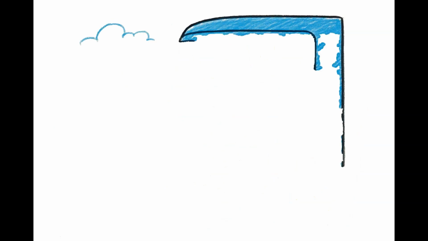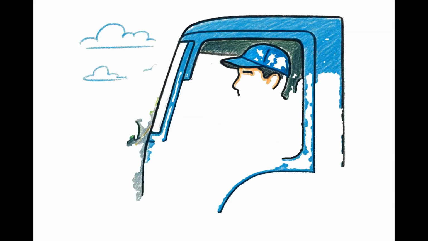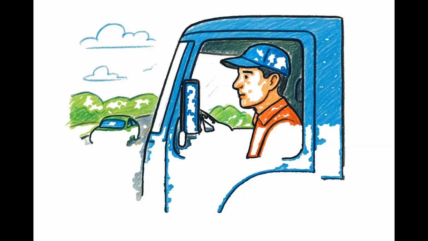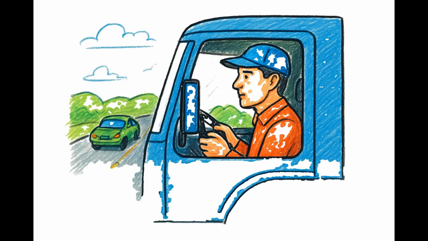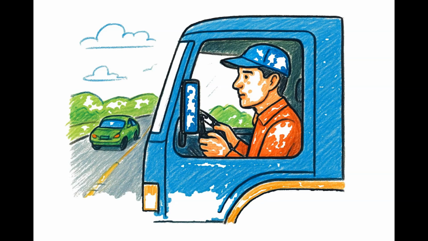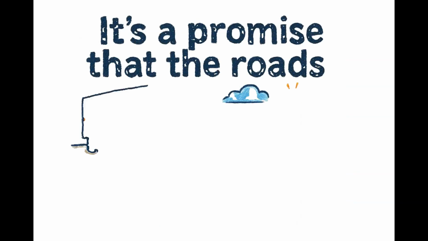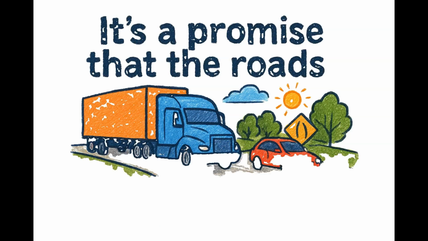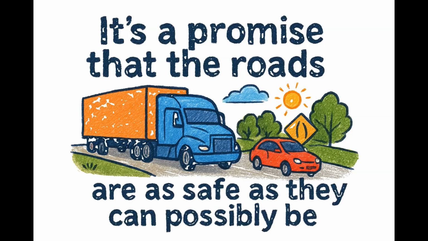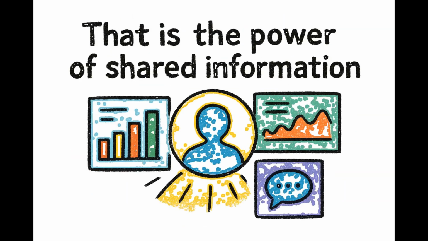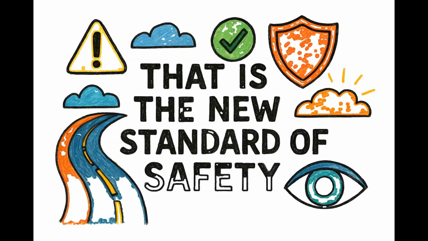It's about upholding a promise to every other driver, every family, and every car that the person behind the wheel of that 80,000-pound vehicle is qualified, clear, and focused. It's a promise that the roads we all share are as safe as they can possibly be. That is the power of shared information. That is the new standard of safety.